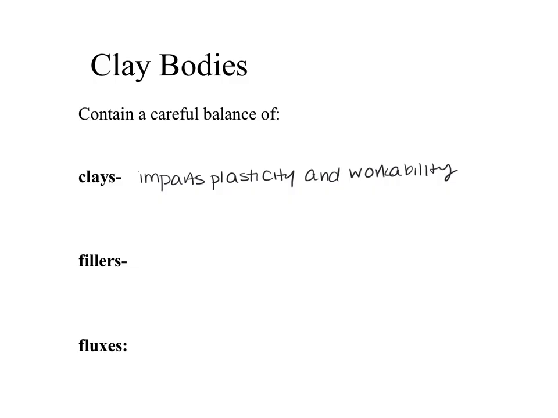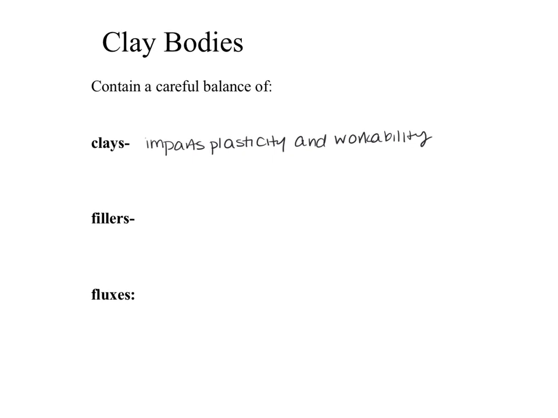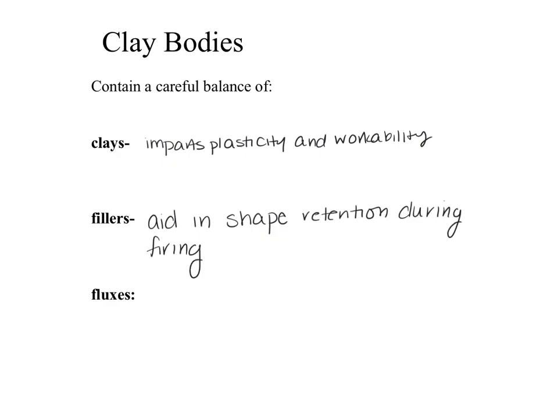And so you mix in your clays, either the primary or the secondary clay or some sort of mixture of both. Then you're going to add fillers. And these fillers aid in shape retention during the firing. So you don't want to make a really beautiful ceramic pot and it looks great and then it fires and it doesn't keep its shape.